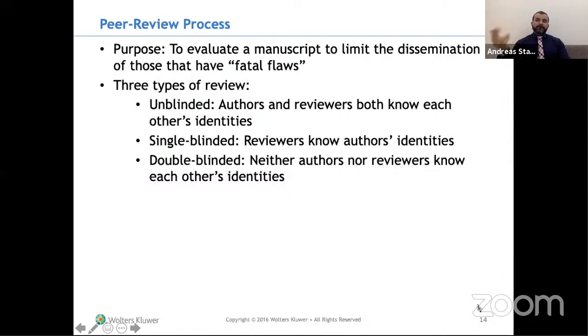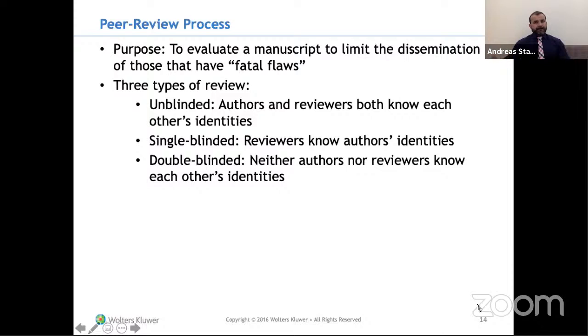Now, when I'm sending it to the reviewers, it can be unblinded, as you can see. So the reviewers know the authors and the authors know the reviewers. So full transparency. That has its benefits, but it can also go all the way to double blinded, which means neither the authors nor the reviewers know each other's identity, which has other benefits, as you understand.